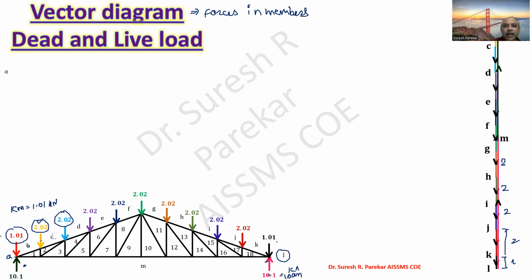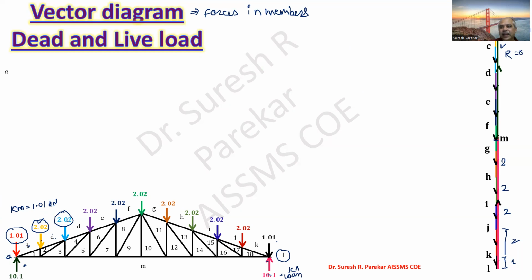So this is your closed polygon. He may ask you what this diagram is known as. This diagram is A to L and L to A. This is known as a closed polygon. And what it shows, a closed polygon shows your resultant value is 0.